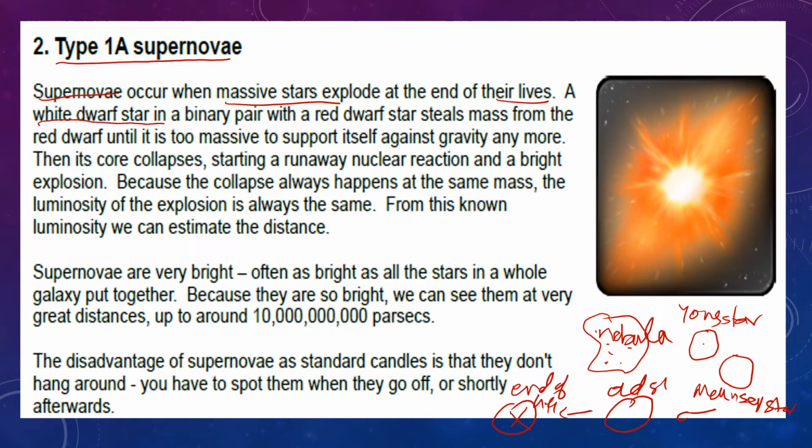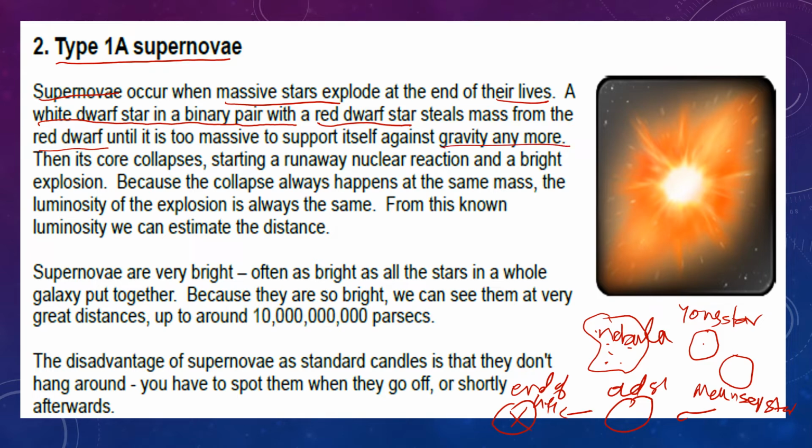A white dwarf and a red dwarf. These are the two stars which are developed inside that star. A white dwarf star in a binary pair with a red dwarf star steals mass from the red dwarf until it is too massive to support itself against gravity anymore.